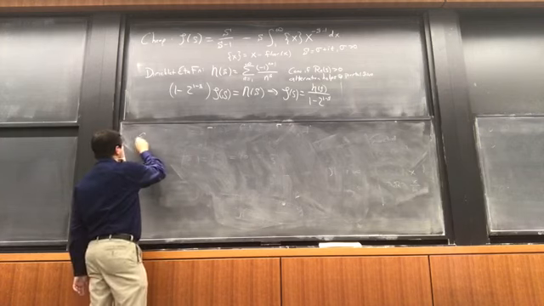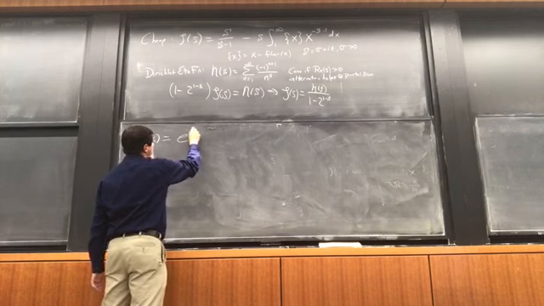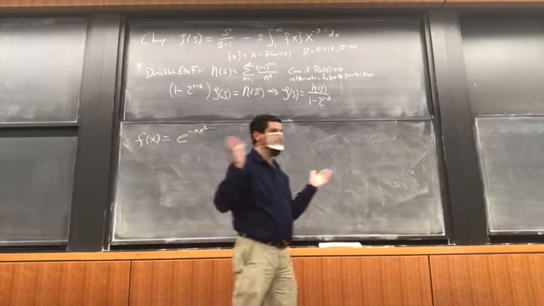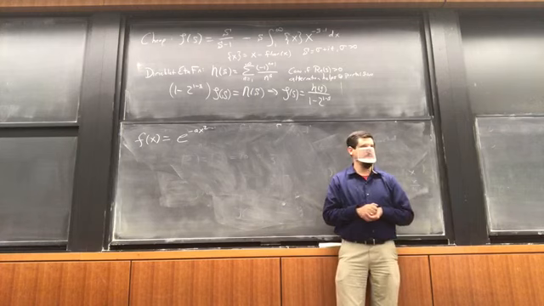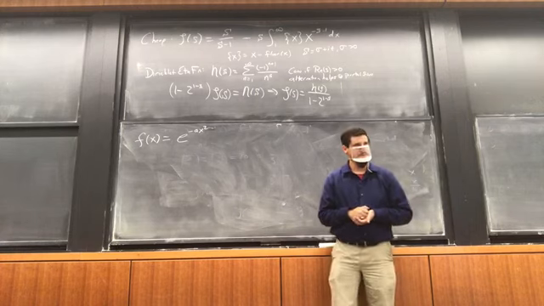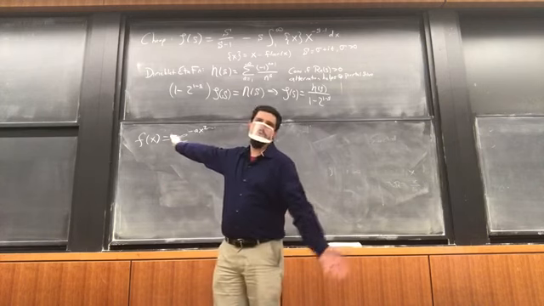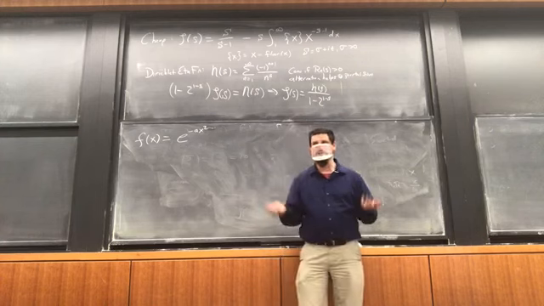Let f of x equal e to the negative a x squared. I'm not worrying about the normalization constant, I just need to know how things depend on a. Multiplying by 1 over the square root of 2 pi wouldn't affect any of the math; it's just a constant factor.